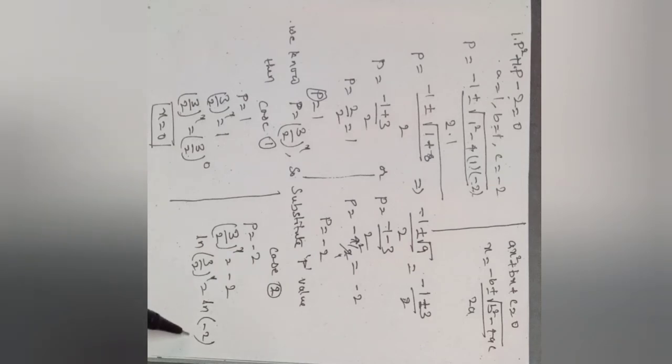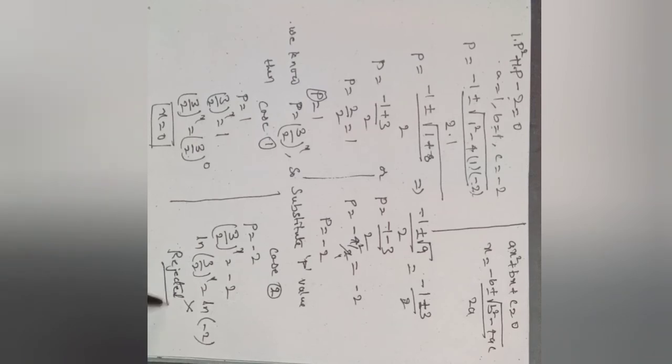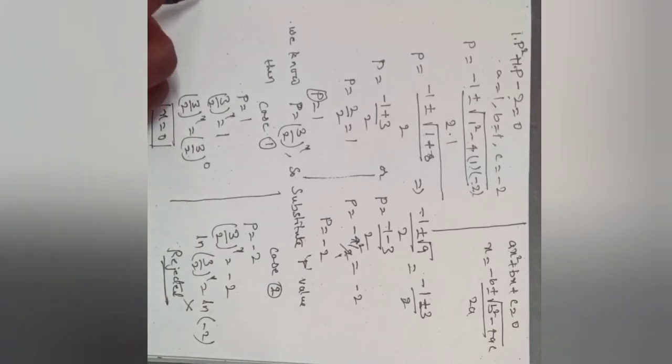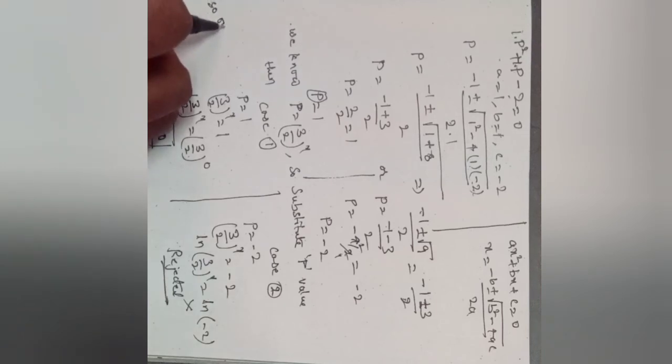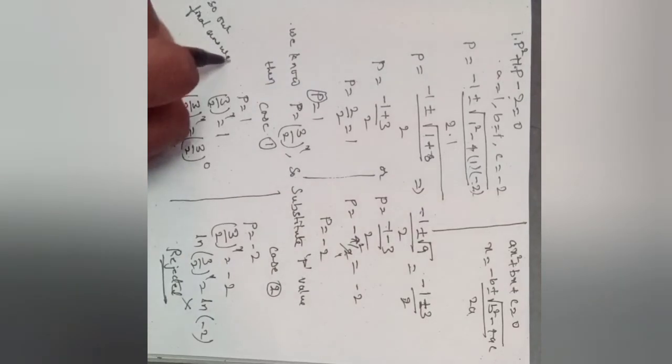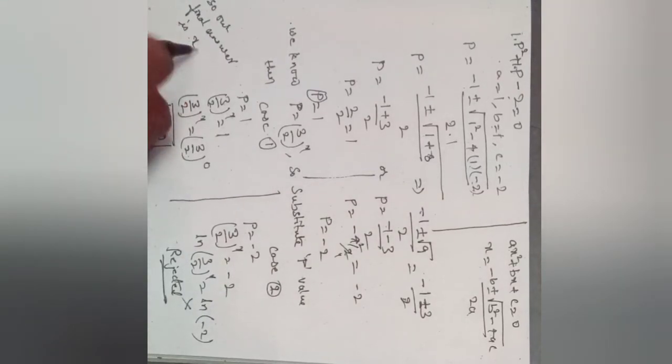Since the logarithm of minus 2 does not exist, this value is rejected. So our final answer is x is equal to 0.